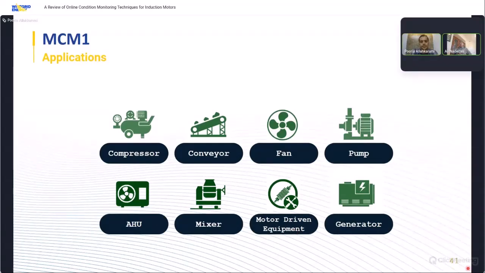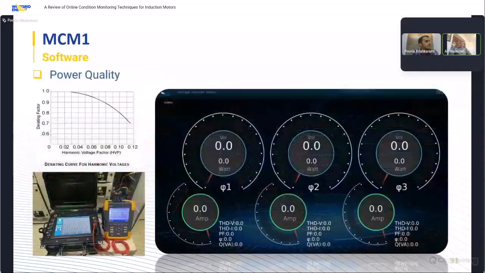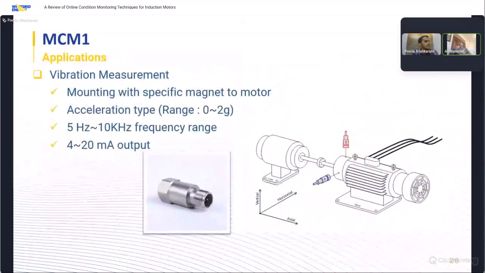And one another question, basically the vibration sensors that we have, how do you typically install or position them around motors? Is it a magnet, or how do you fix them during measurement?